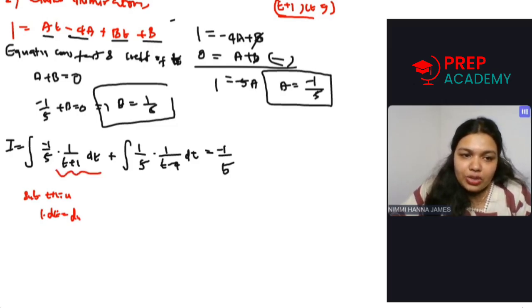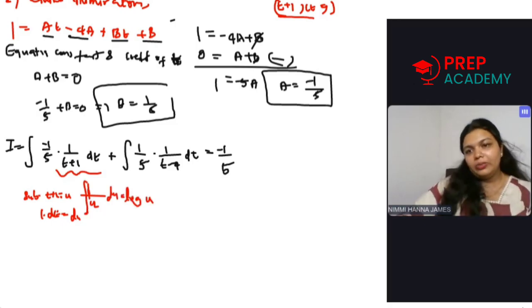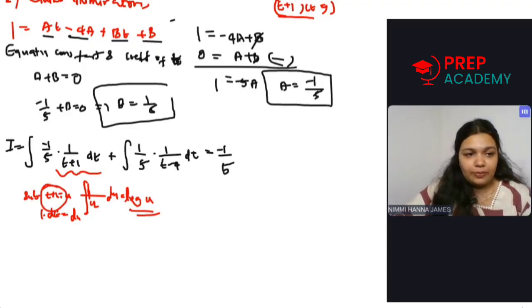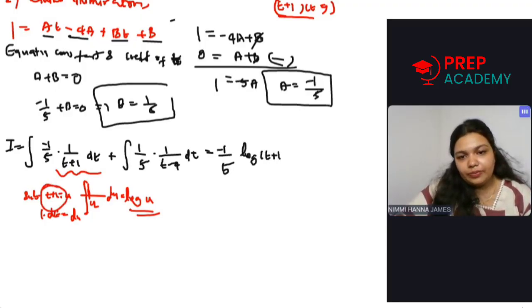So when I substitute here, it is 1 by u du. The integral of 1 by u du is log u, just as 1 by x gives log x. So we can write log u, where u is t plus 1. Okay, log of (t plus 1).